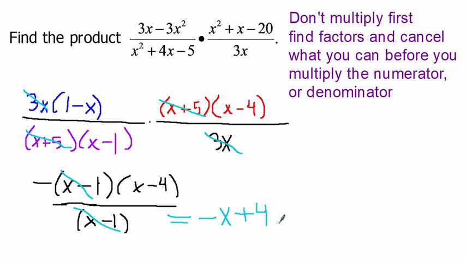But I originally had things in the denominator. I actually had 3 different factors in the denominator. I had 3x, that's not allowed to equal 0. I had x plus 5. Even though it's no longer in there, it was in there. So I have to honor the original problem.